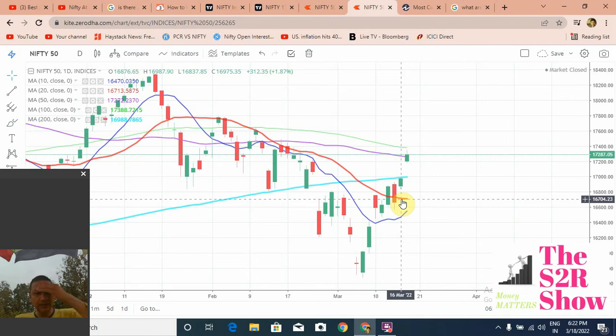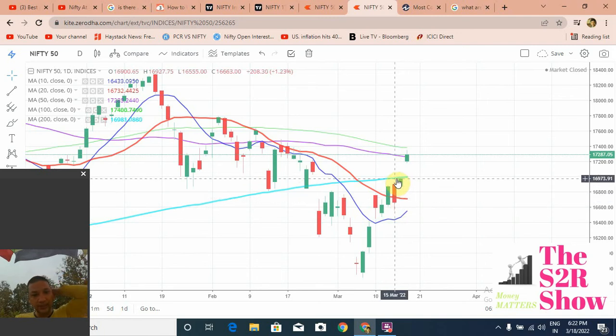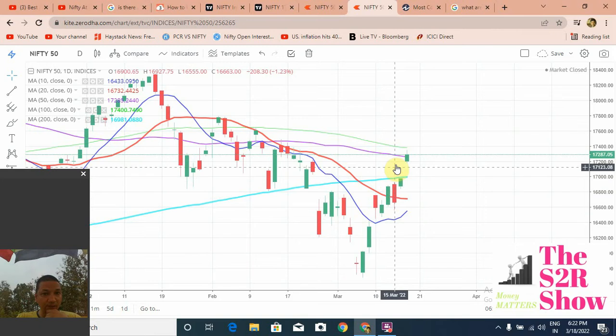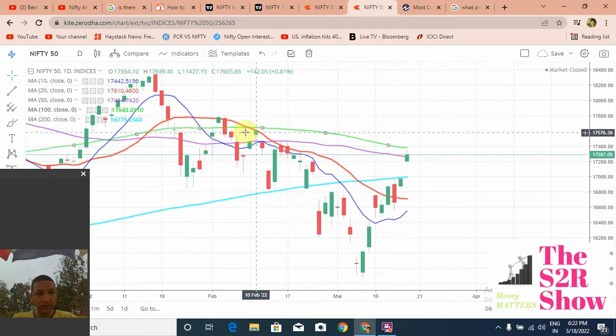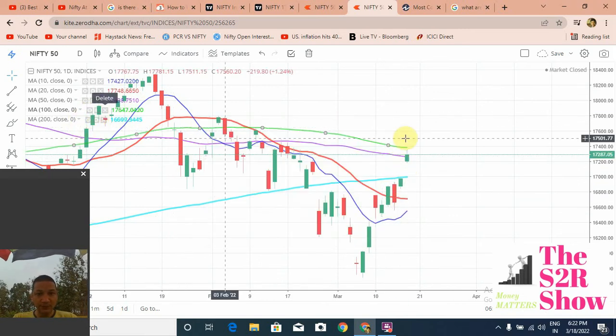The red line is for 20 days. This light blue is for 200 days. The purple is for the 50 days moving average, and the green for the 100 days moving average. So we are about to reach the 100 days moving average, okay.